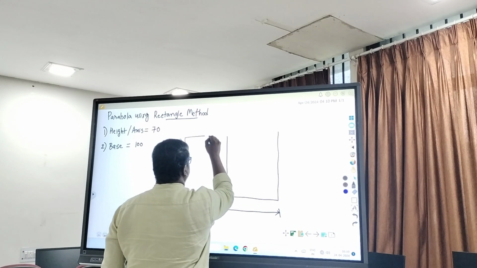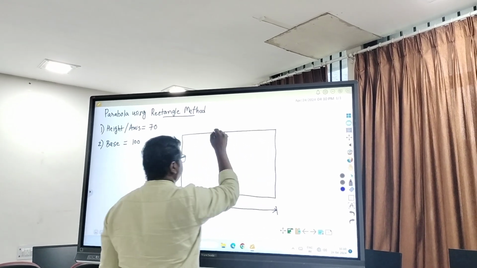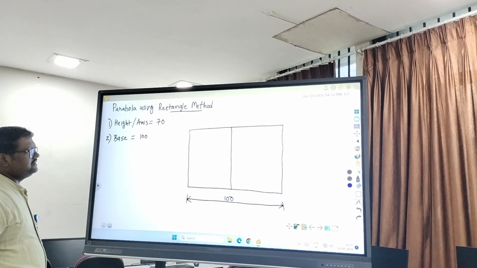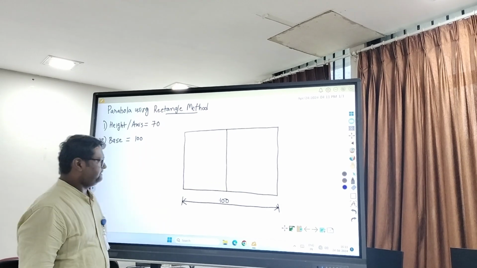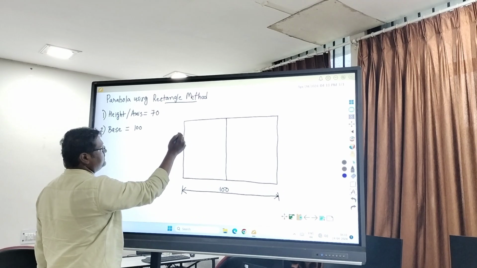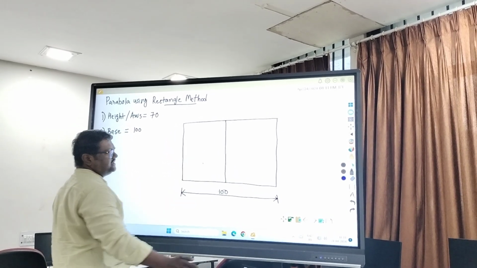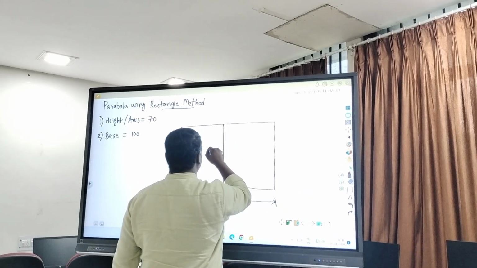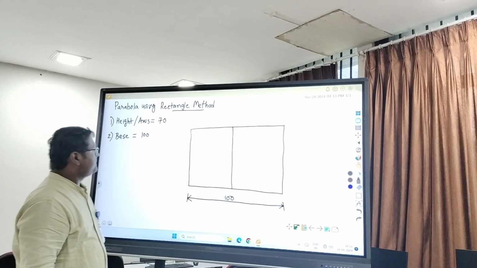Join these three. So we have a complete rectangle, or two rectangles of equal size. In the rectangle method, one side of the rectangle will be completed first. Then we will learn how to draw the other side.